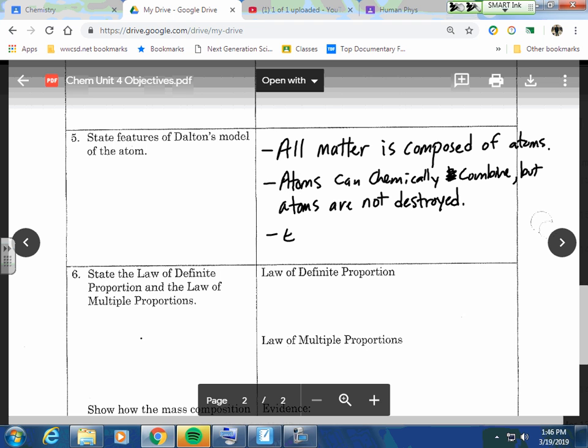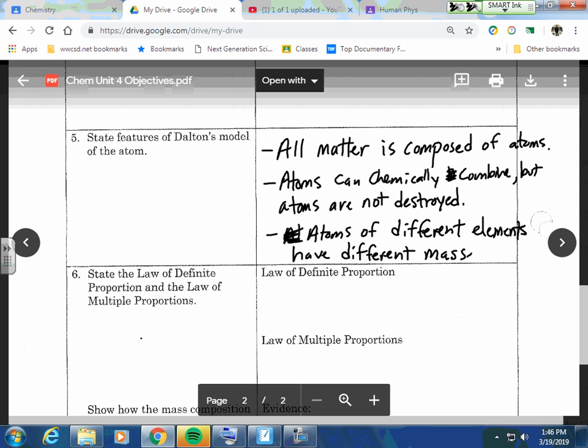The other thing is atoms of different elements have different masses. And then we already did number 6, right? So all that stuff I went over, that's it.